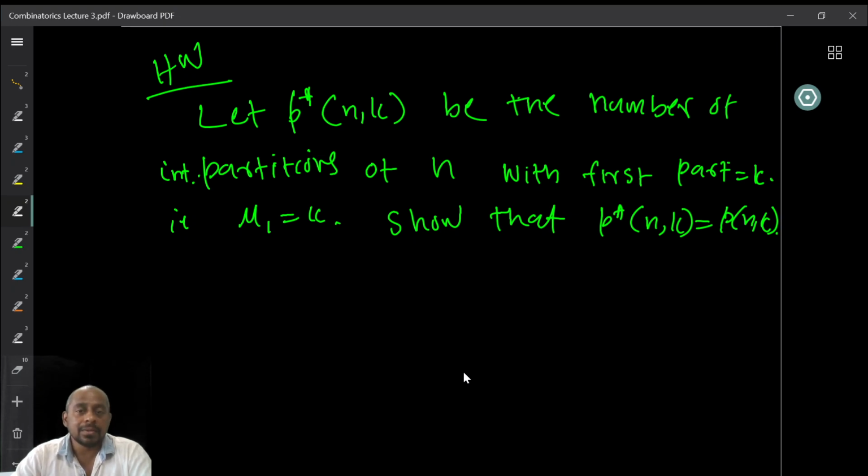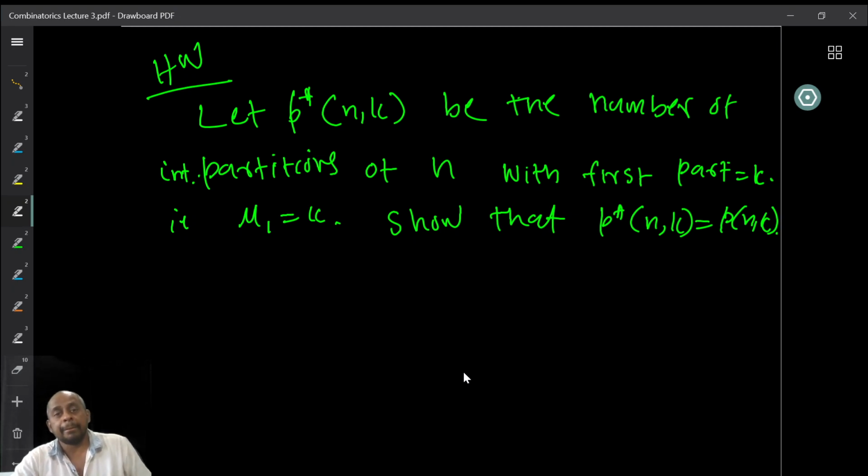So P star of n comma k counts the number of integer partitions of n where the largest part is k. So p of n comma k was the number of integer partitions of n into exactly k parts. Now we are saying that the largest part is k. Now show that P star of n comma k is equal to p of n comma k.